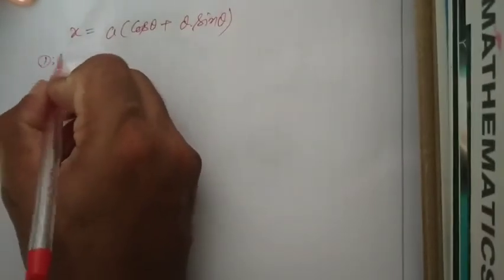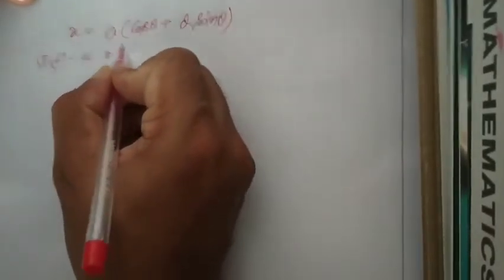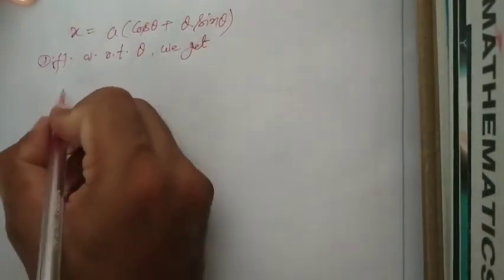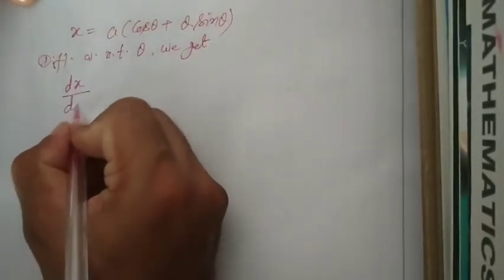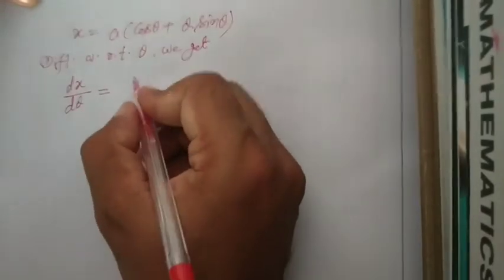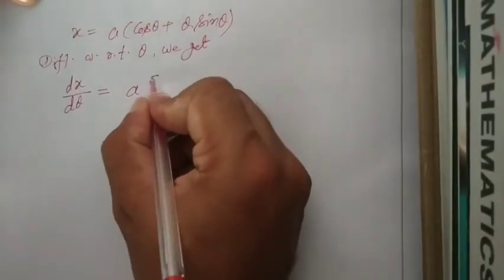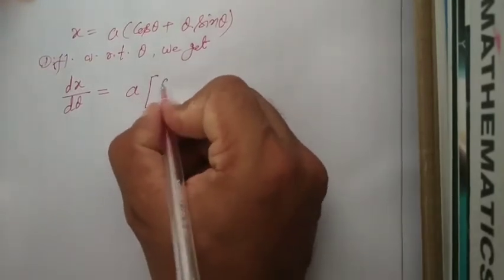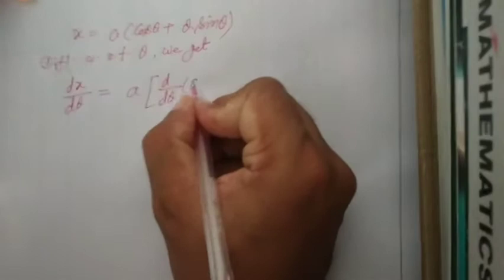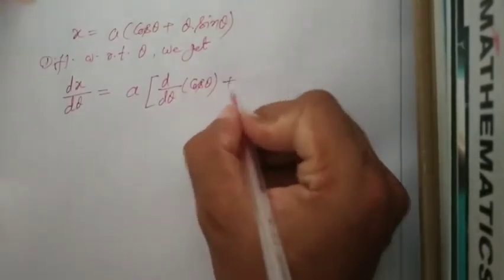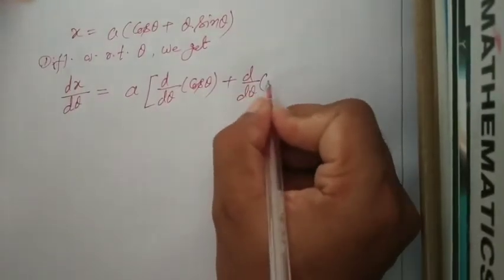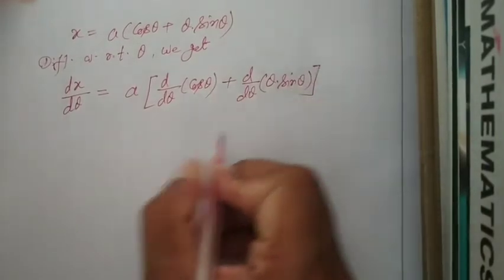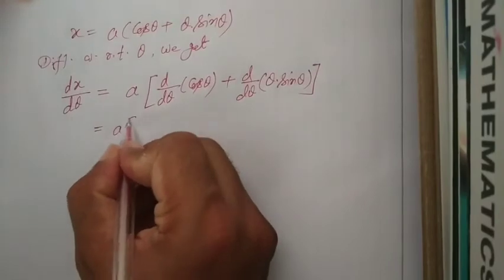So dx by d theta: a will be out of the derivative as a constant, so a times d by d theta of cos theta plus d by d theta of theta times sine theta. Now differentiate the right hand side.